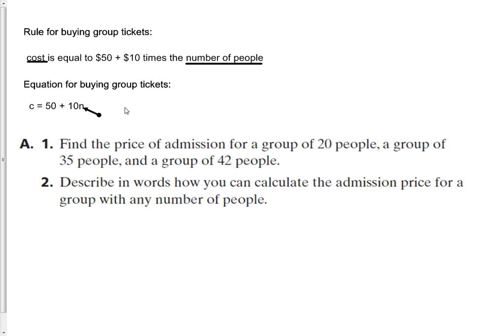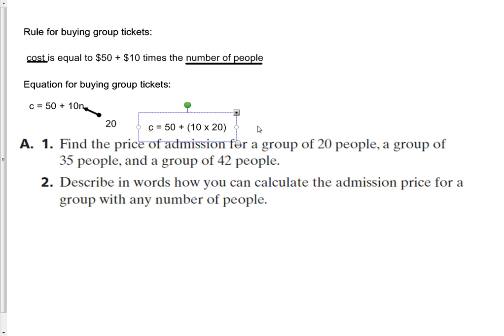So I have 10 times 20 first. So I'm going to rewrite that. C equals 50 plus, and I'm going to put this in parentheses, 10 times 20.